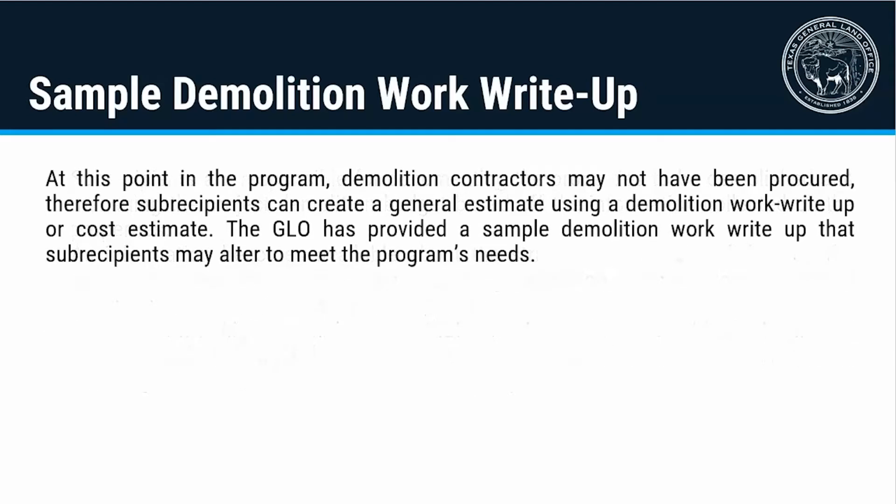At this point in the program, demolition contractors may not have been procured. Therefore, subrecipients can create a general estimate using a demolition work write-up or cost estimate. The GLO has provided a sample demolition work write-up that subrecipients may alter to meet the program's needs.